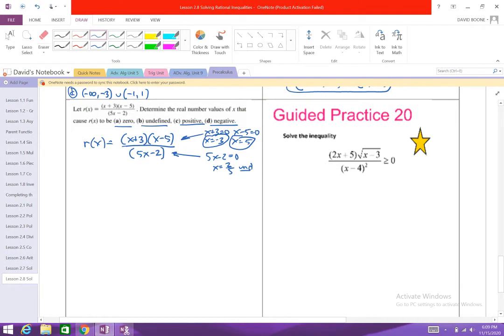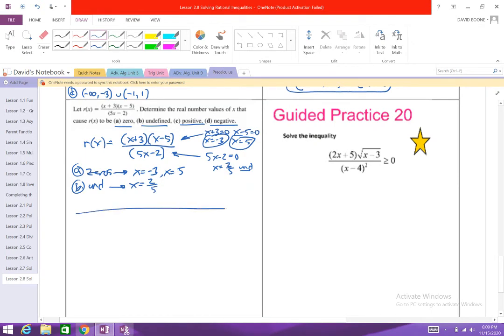Those are the zeros. So when I look at making my answers here, the zeros are at x equals negative 3 and x equals 5. It's undefined at x equals 2/5.